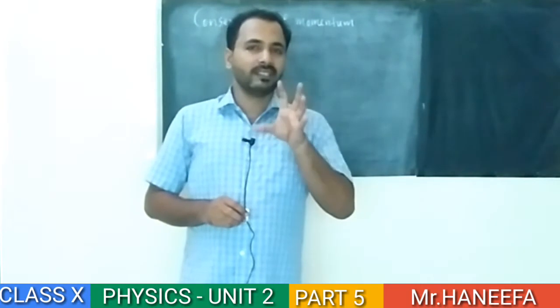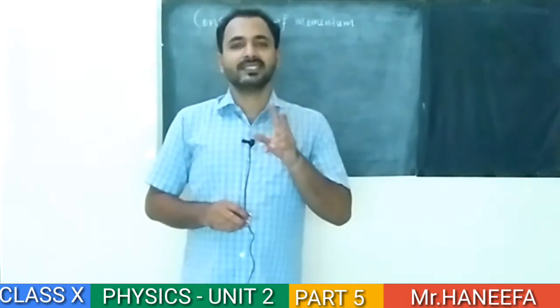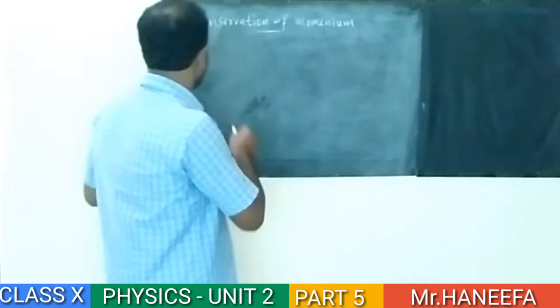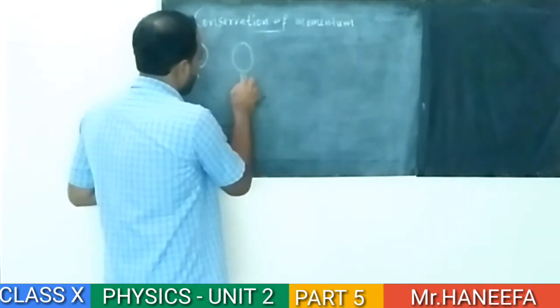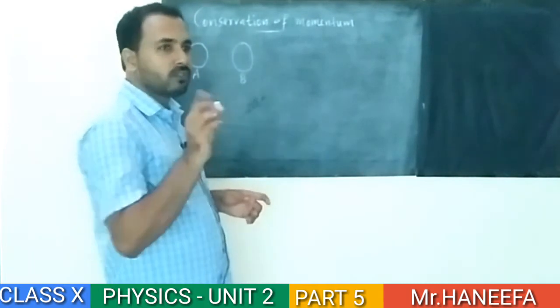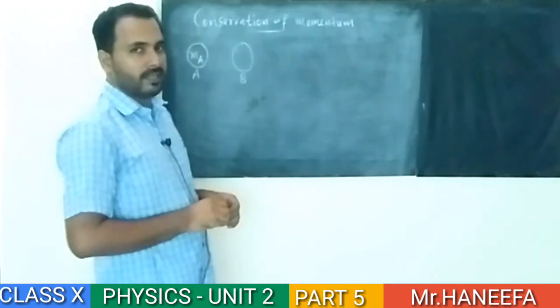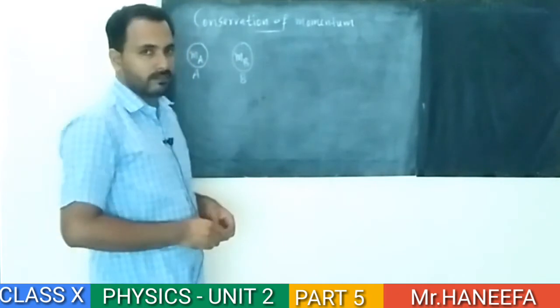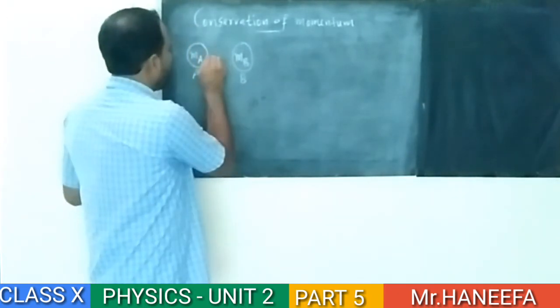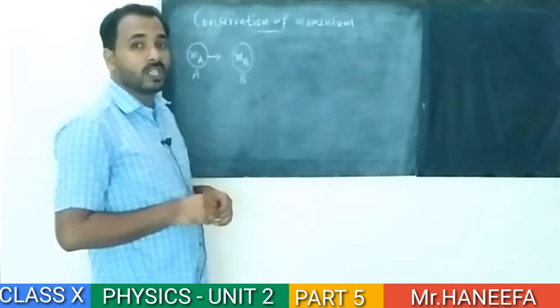Okay, for explaining this concept, we consider two objects. First object is A. Second object is B. The mass of A is ma. Mass of B is mb. Okay, object A moves with initial velocity ua.